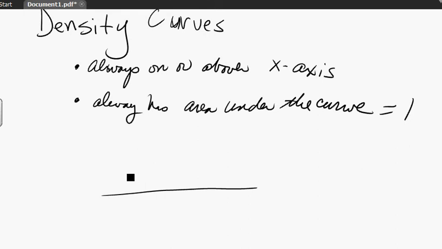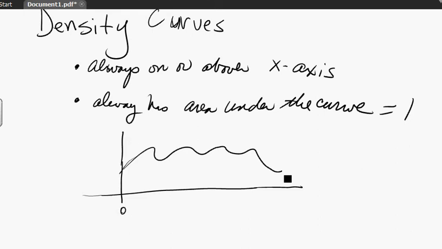So, I've got some weird looking curve here. And it's a density curve. It's a density curve if it's always above the x-axis. So here's my x-axis here. And it has an area, if my curve, let's say, starts right here.